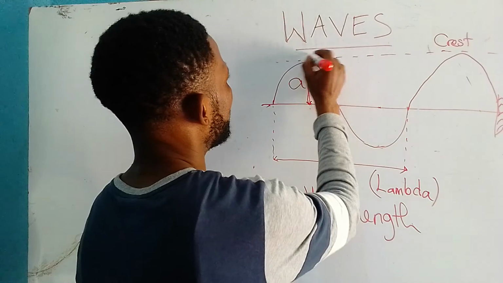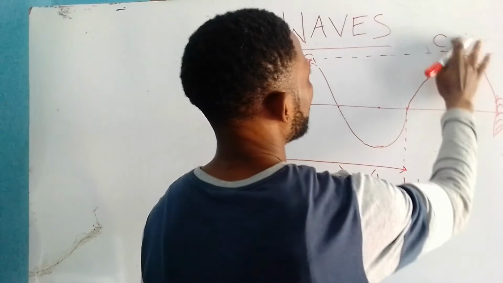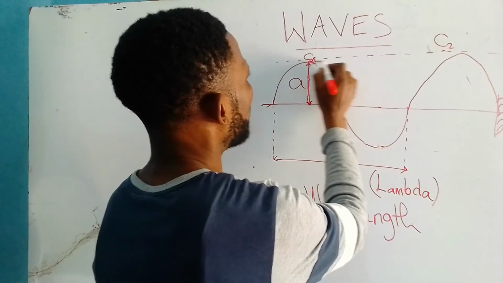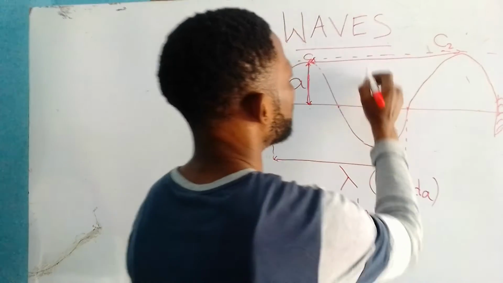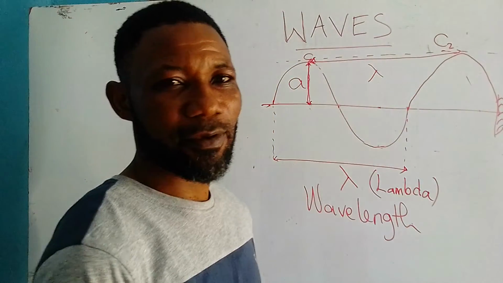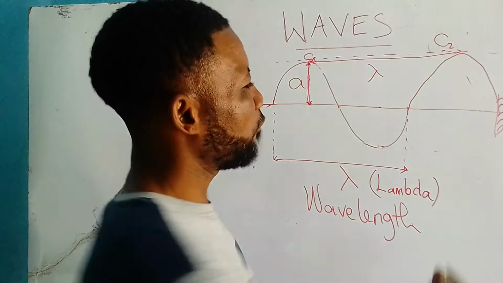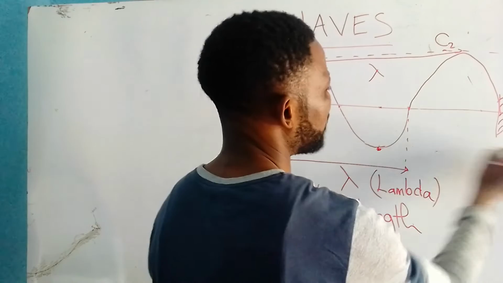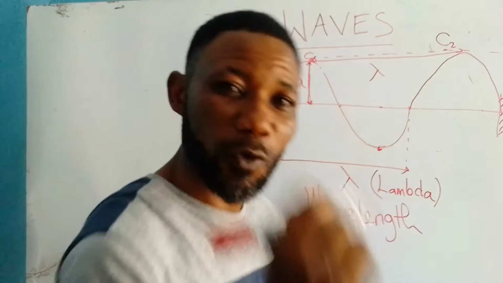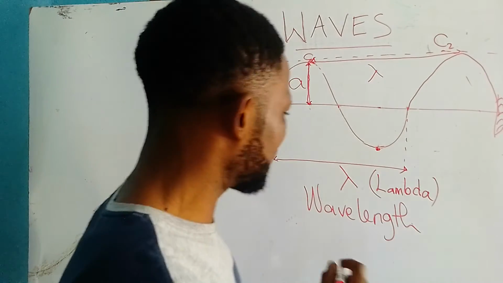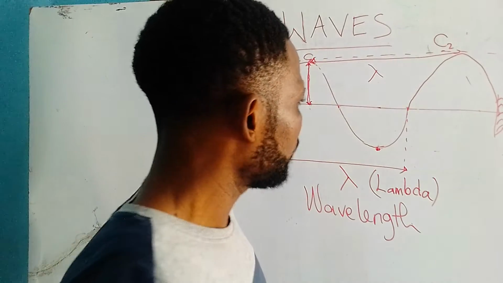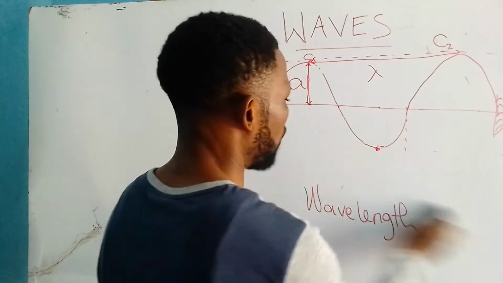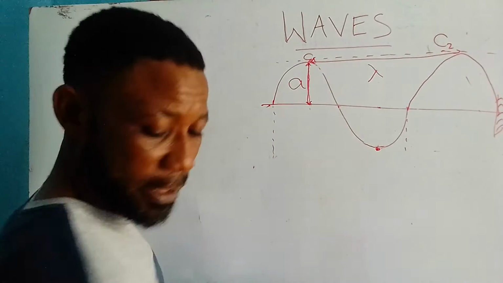This is a crest, C1. This is another crest, C2. So the distance between C1 and C2 is yet another wavelength. If we had a trough down here, the distance between any two neighboring troughs is also a wavelength. So the distance between any two neighboring crests or neighboring troughs is a wavelength.